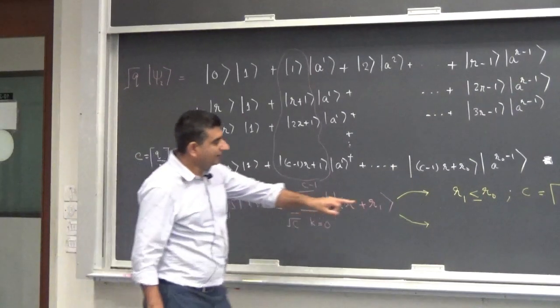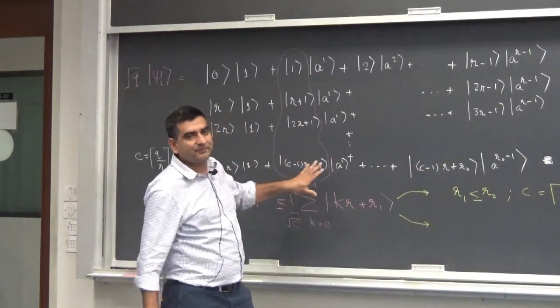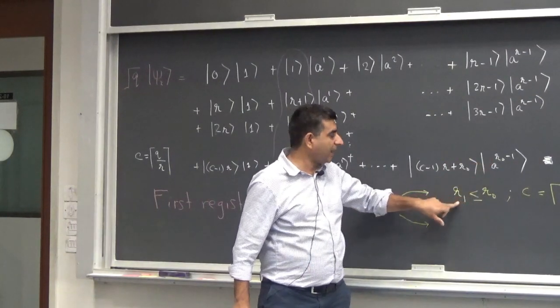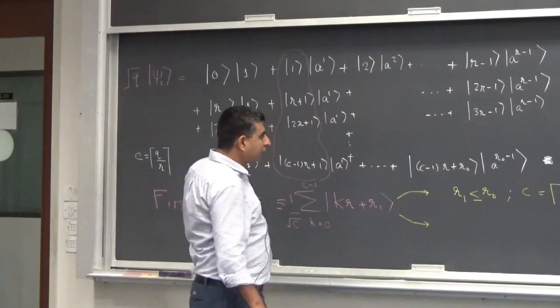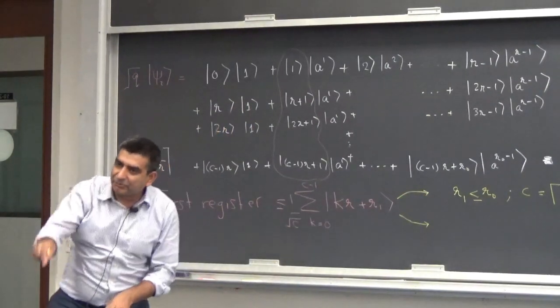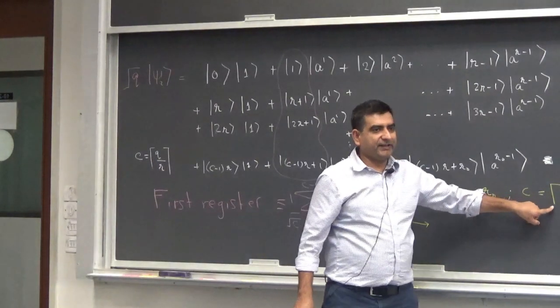Because my r1 is within the last column. So the last entry here has an r0 in it, but my r1 is less than r0, so I do take into account the last column. So I need to go right down to the last row. That's why I put a ceiling sign here.